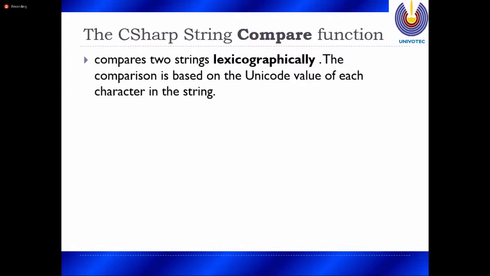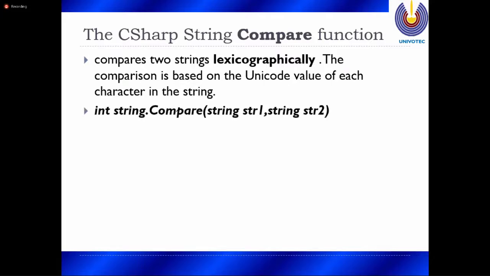The comparison is based on the Unicode value of each character in the string. The capital A and the small a have different integer values, and it compares those Unicode values.